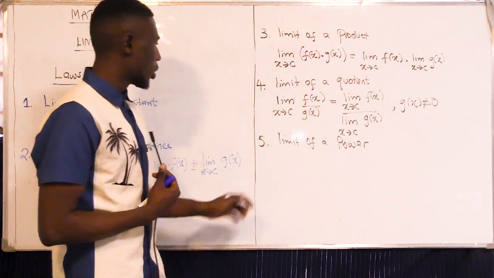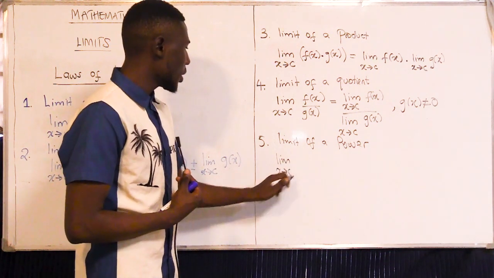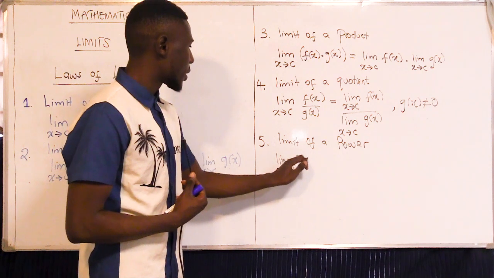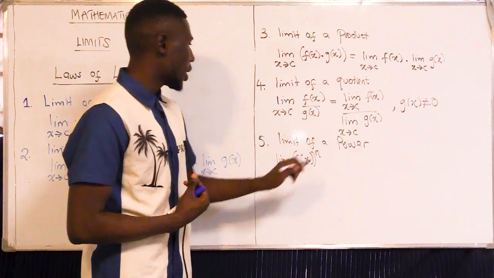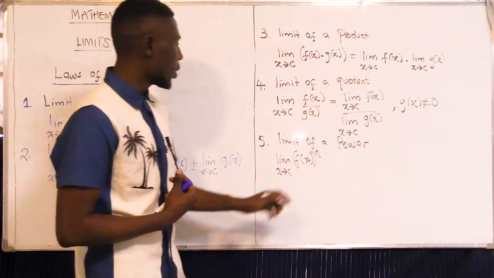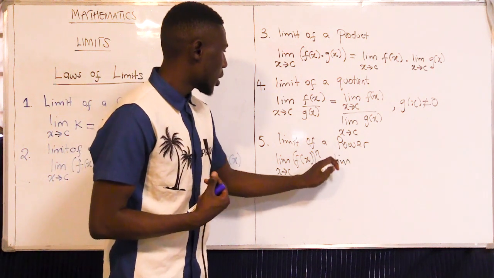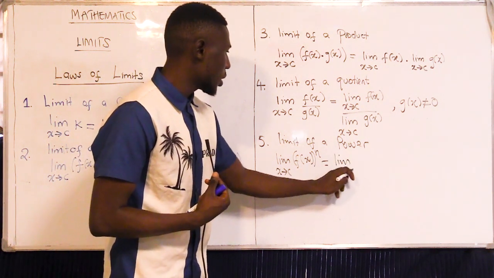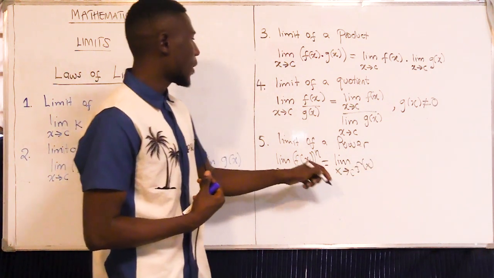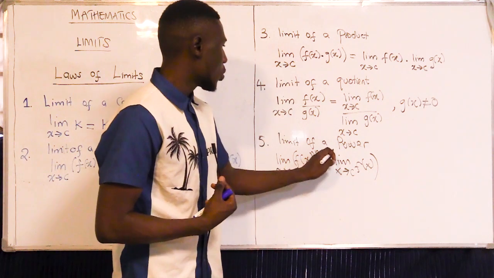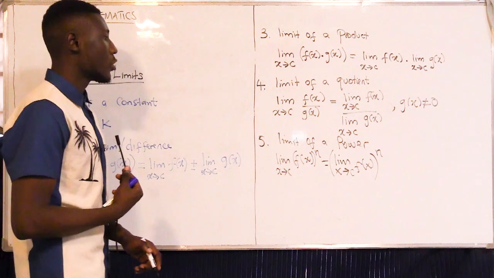If I have limit as x is approaching c, and my f of x is simply raised to a power, let's say n like this, I'm going to write limit as x is approaching c of the function. Now the limit and the function all together will simply be raised to the power of n. So this is limit of a power.